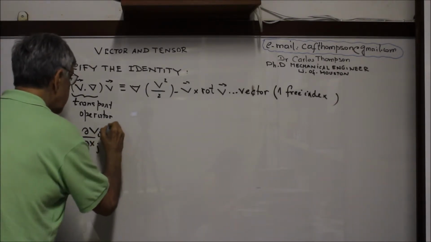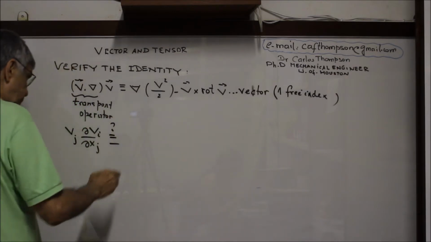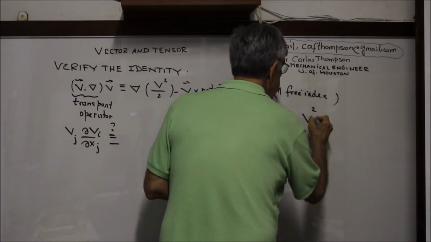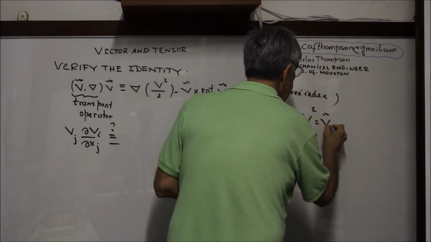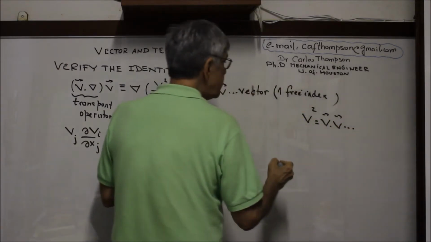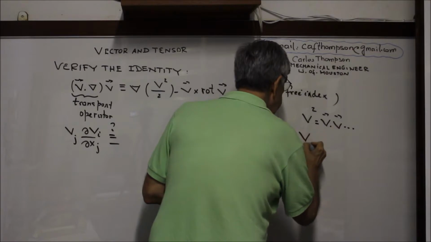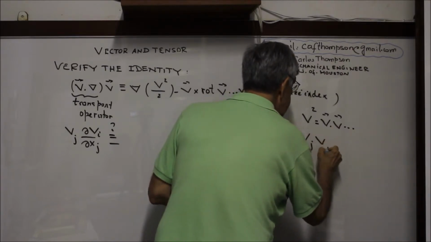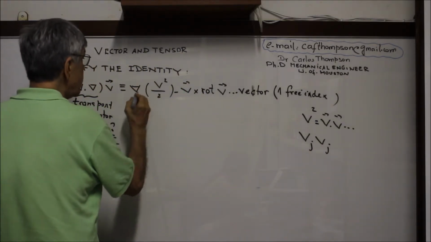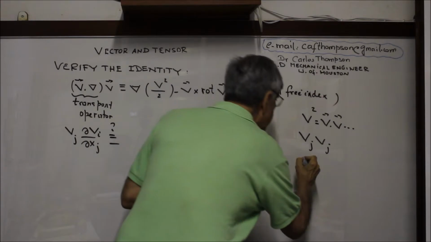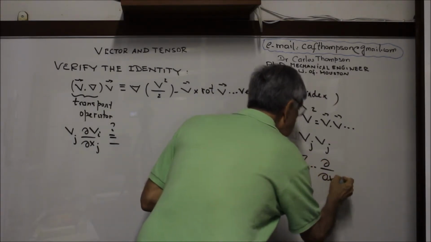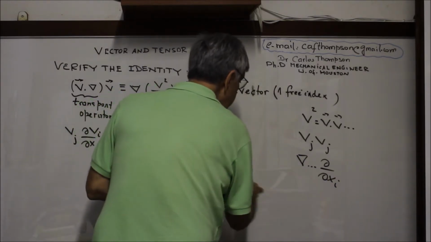So this is identical to, now, V squared, see, you see this is V dot V. This is V squared. Okay, using Cartesian notation, this will be Vj. So this is V squared. So this is a vector, attention, this is a vector. So the gradient, okay, we just use partial with respect to xi. This is a pseudo vector. Okay?